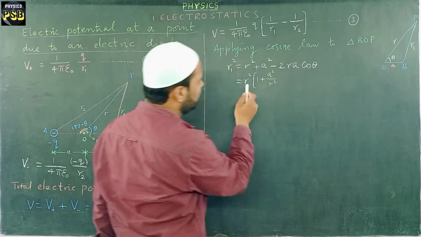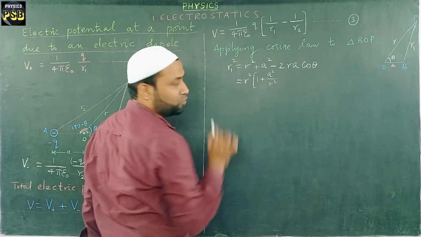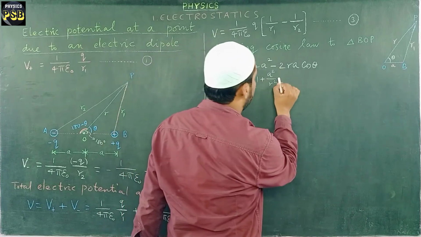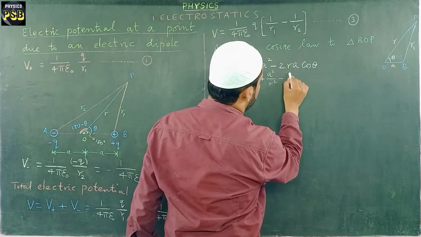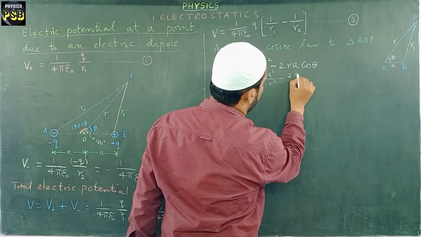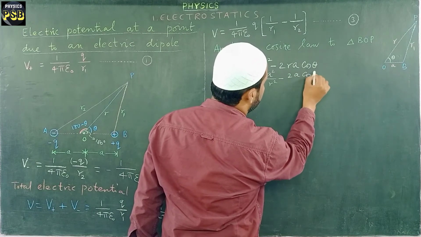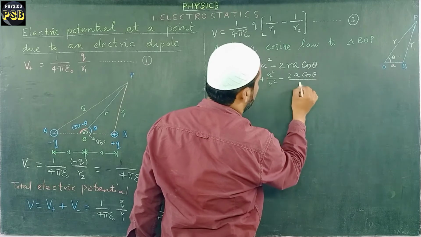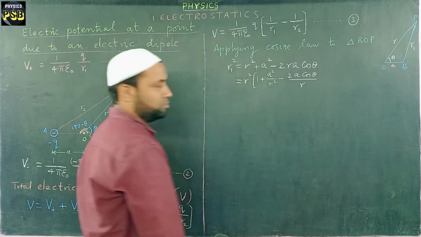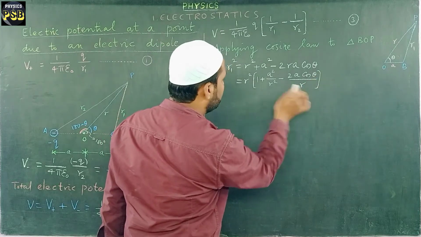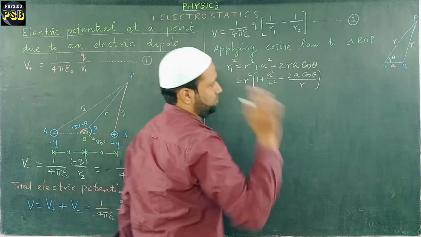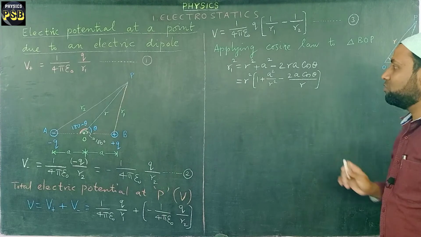If you multiply r square with this, you will get a square. Clear? Then minus 2a cos theta divided by r. If you multiply these two parts, you get this. This is what we have obtained.